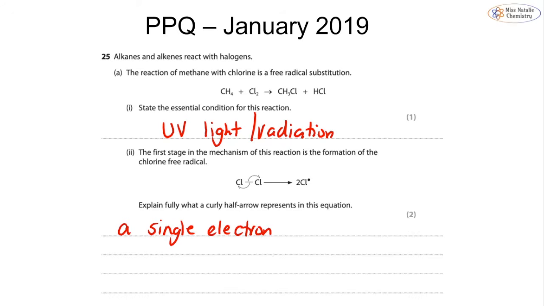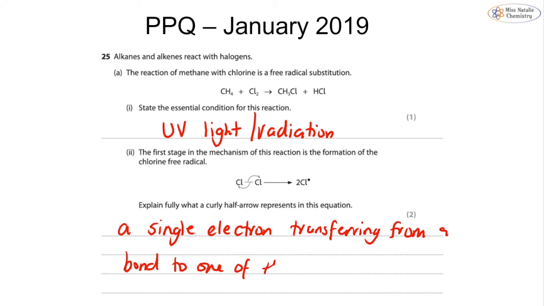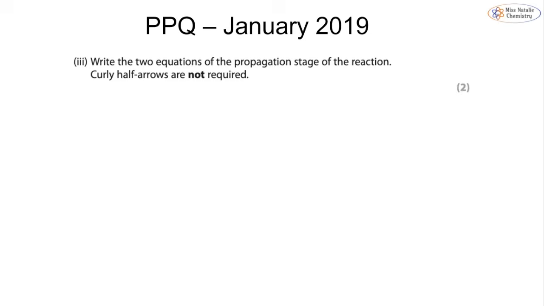Remember, the half arrow or the fishhook arrow here tells us that it is the movement of one electron, so a single electron transferring from a bond to one of the chlorine atoms. So we're getting the electrons moving from the covalent bond into one of the individual atoms. That will give you 2 marks.